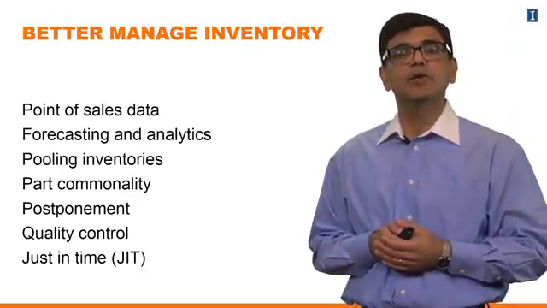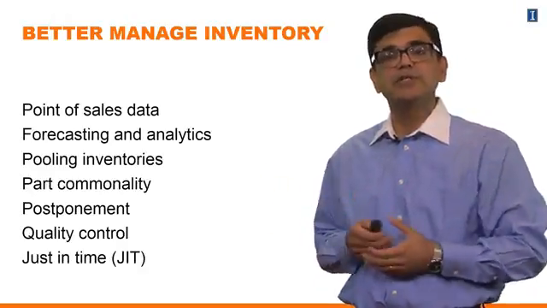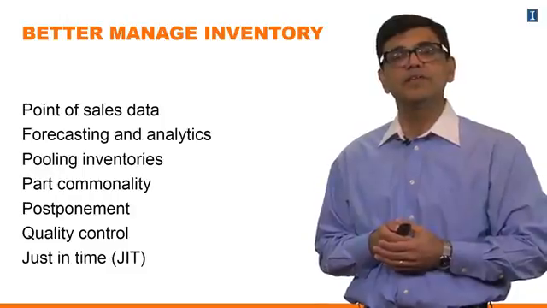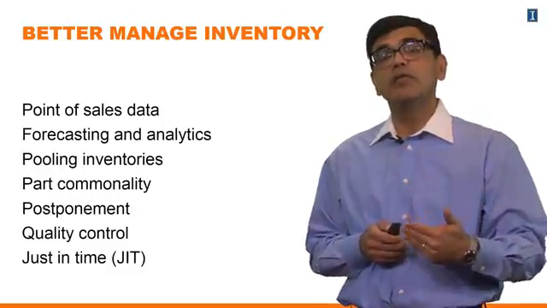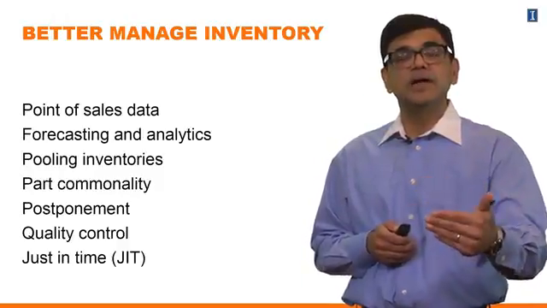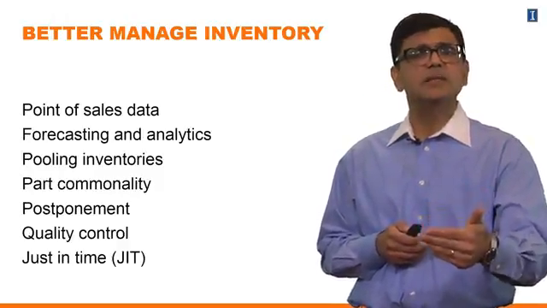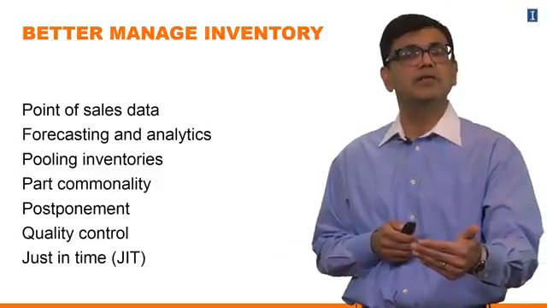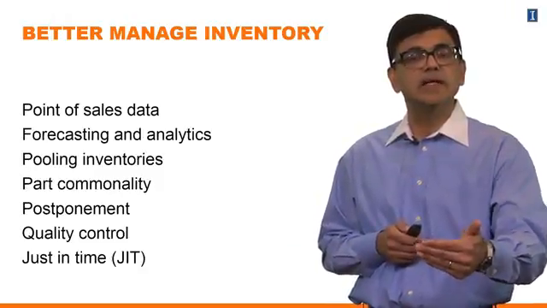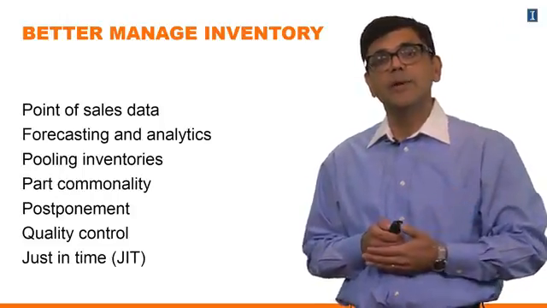Common parts for products so that you have less that you need to plan for in terms of components. Postponement of finishing of the product. So what is needed by the customer might be customized for the customer, but if you can make things in a make to stock kind of environment, and then postpone the ultimate finishing for the customer, that can help.